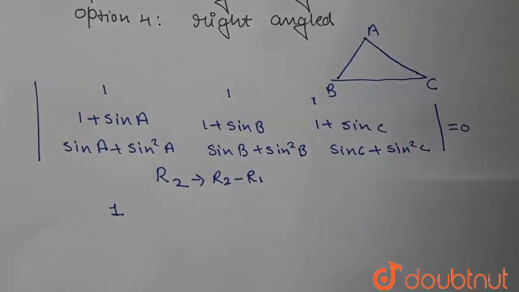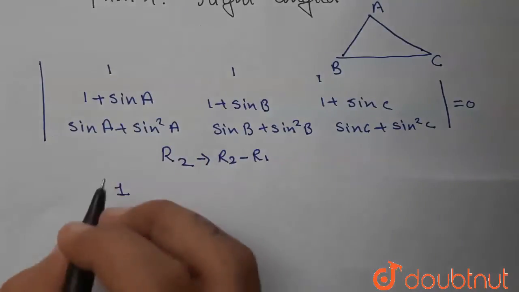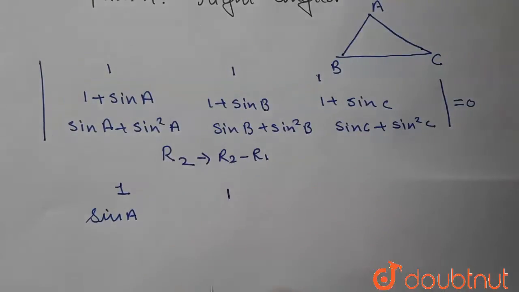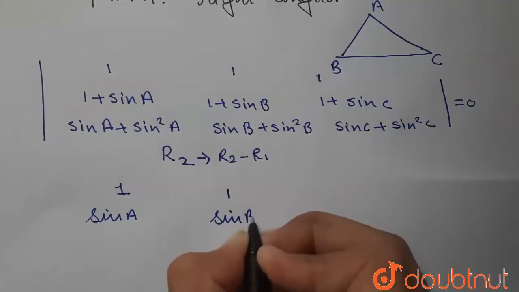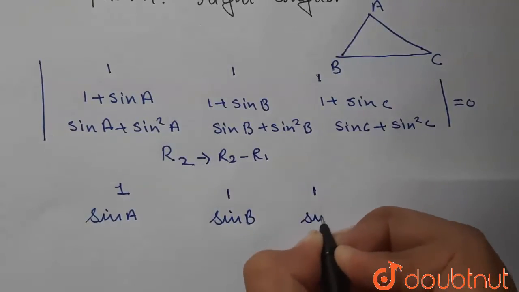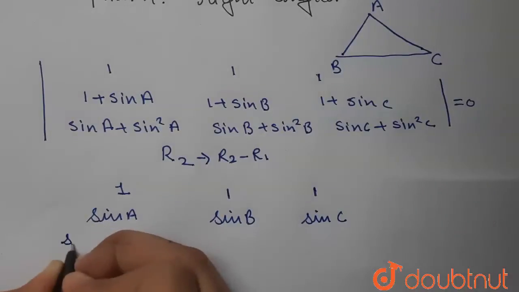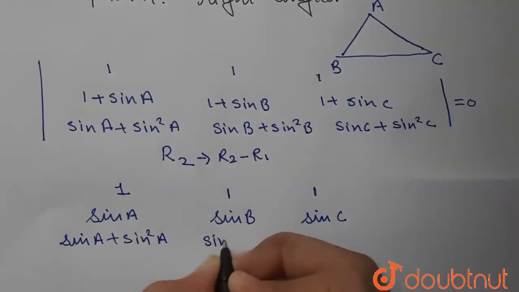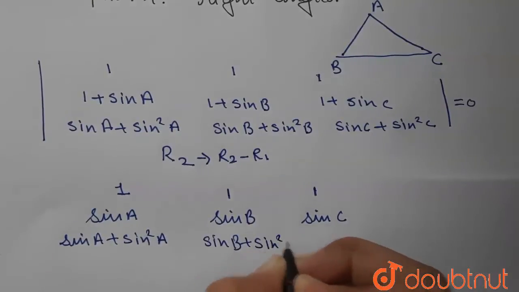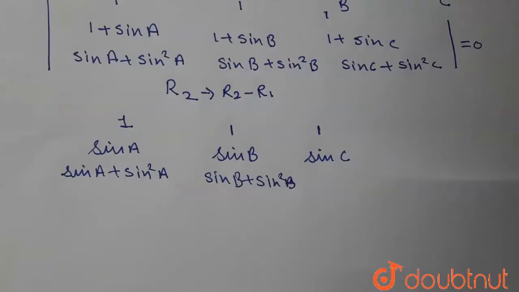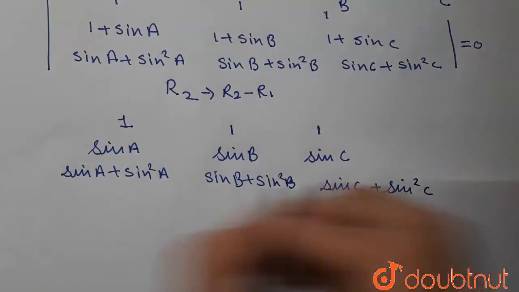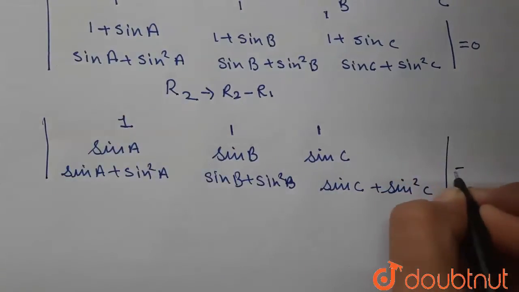Row 2 will become row 2 minus row 1, so 1 and minus 1 will get cancelled, so here we will have only sine A. Similarly here we are having 1 and here we will be having sine B, and here we are having 1 and here we will be having sine C, and here we are having sine A plus sine square A, and here sine B plus sine square B, and sine C plus sine square C. This will be the determinant which is coming equal to 0.